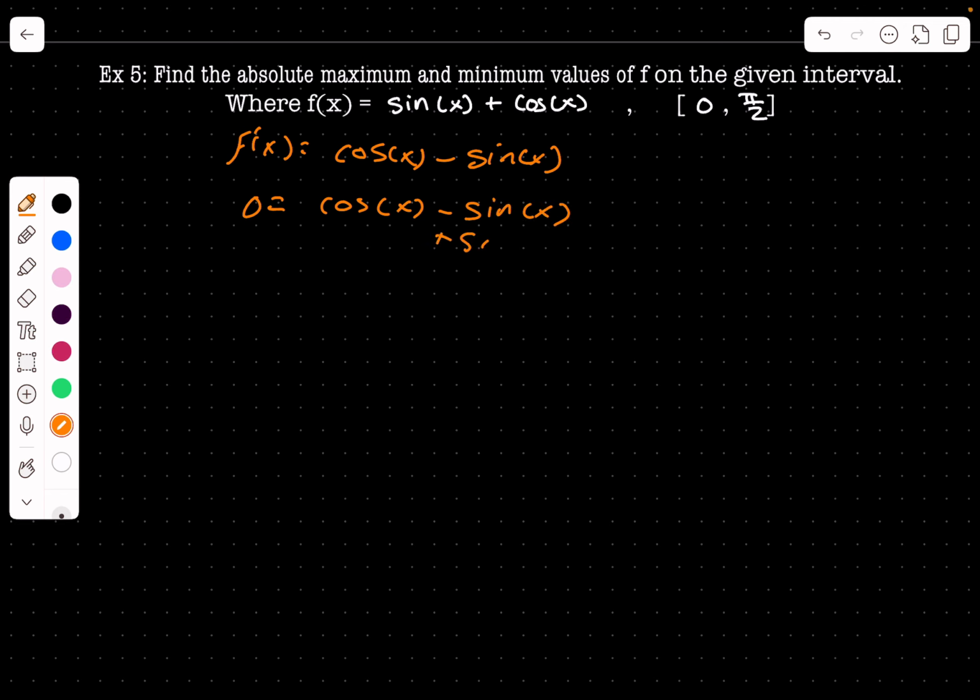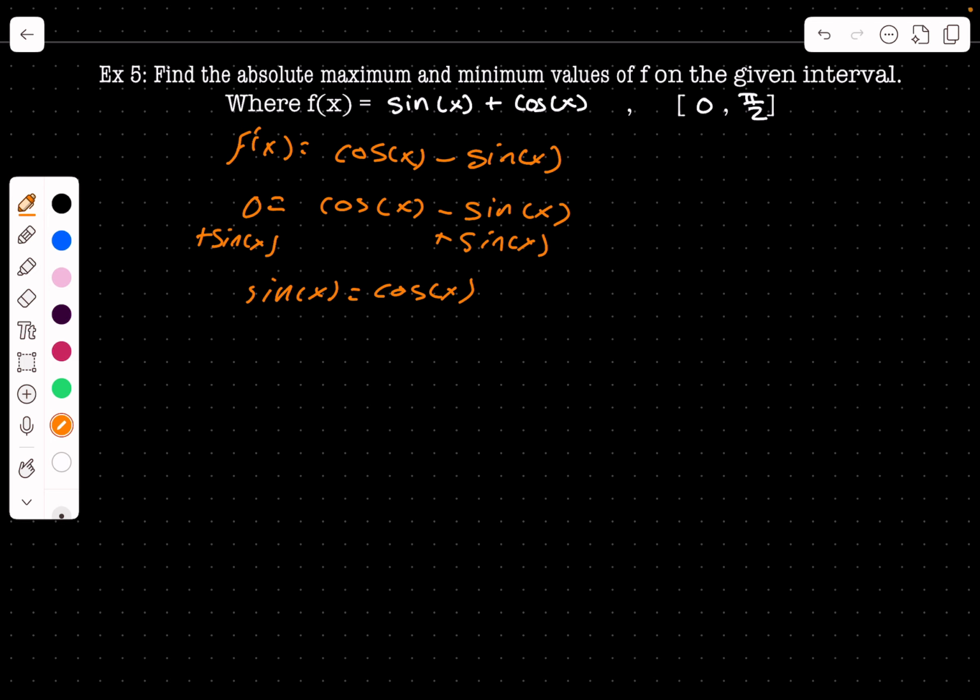And then I'm going to move sine x to the other side, because now we're able to pull out values. So where does, on the unit circle, and between our interval, we have to pay attention to our interval from 0 to pi over 2. From 0 to pi over 2 on the unit circle, when does sine of x equal cosine of x?